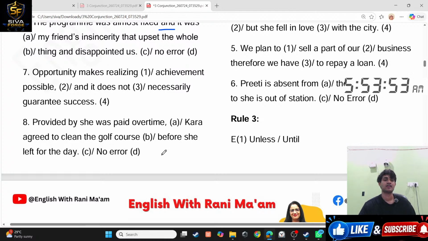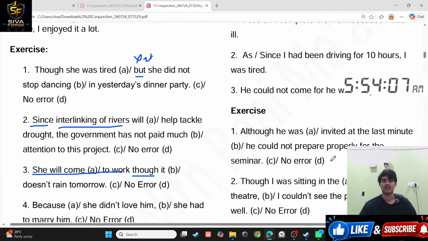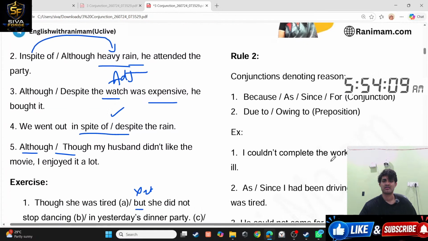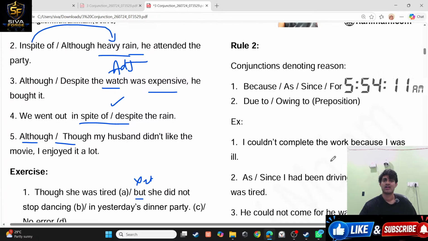If she was paid overtime, we should use if here. Opportunities make realizing achievement possible if it doesn't necessarily guarantee success. Next one is because, as, since, for. I forgot. Yeah, very good questions actually.